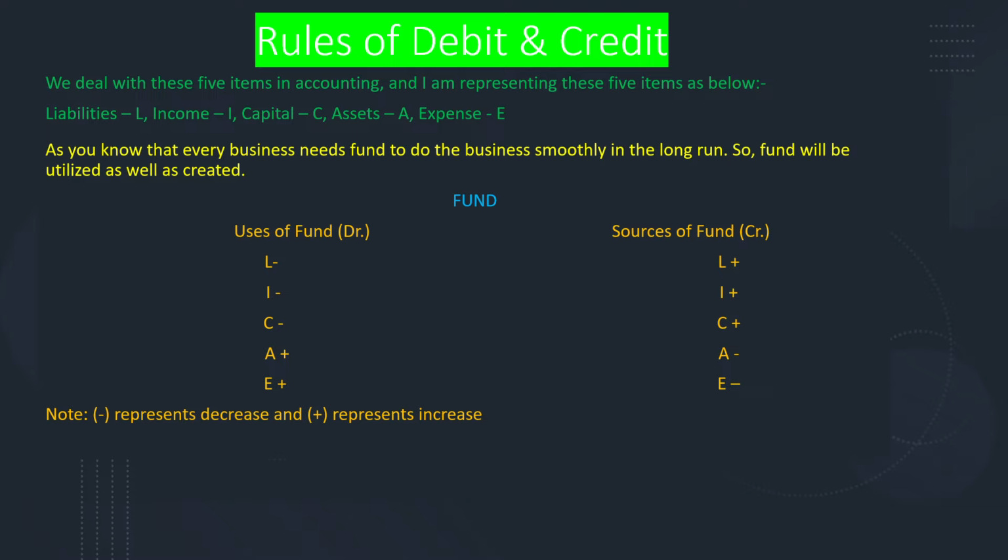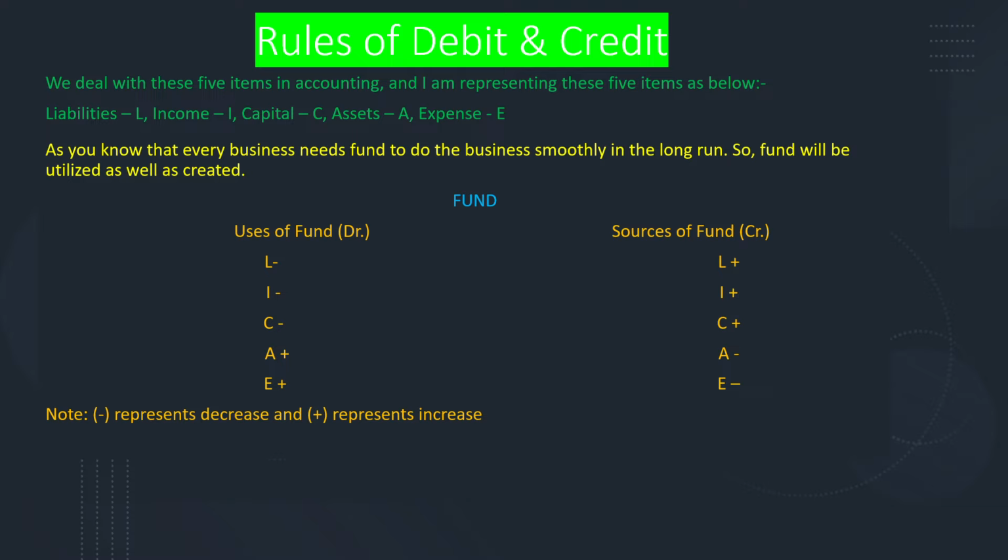So to remember which account to be debited and which account to be credited, guys, it is very simple. You just remember one big public insurance company, which is LIC. So uses of fund: LIC minus, AE plus.